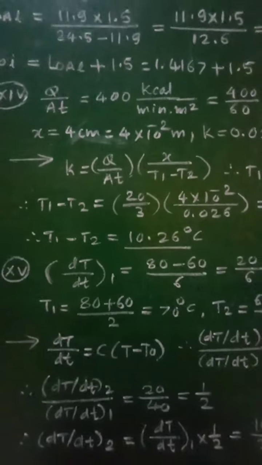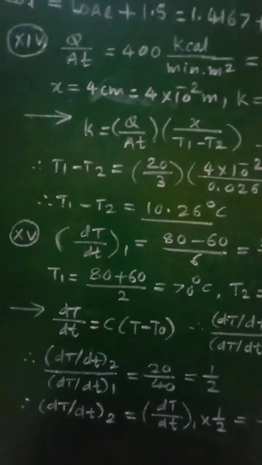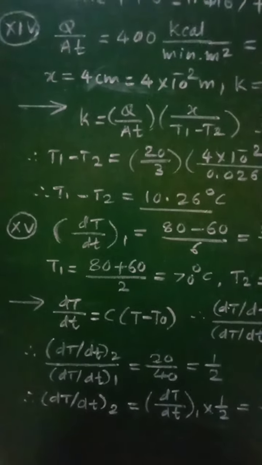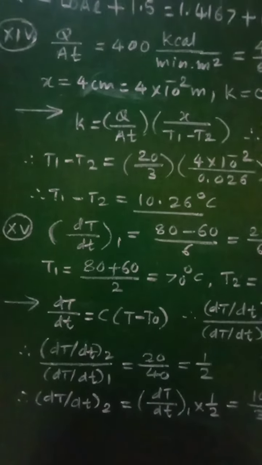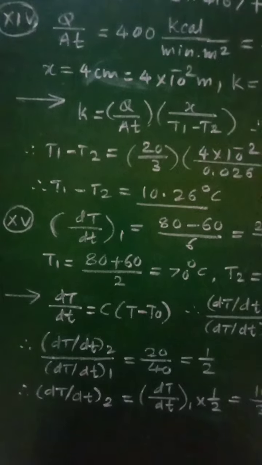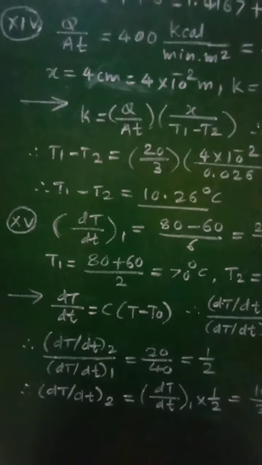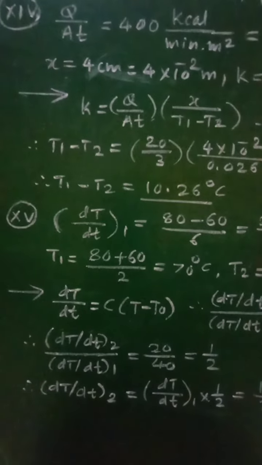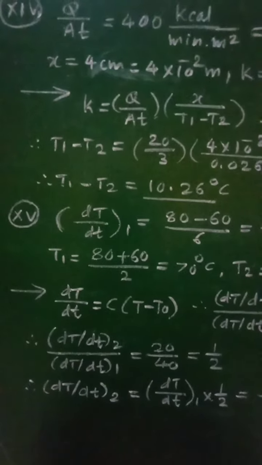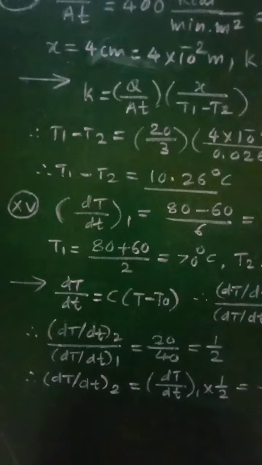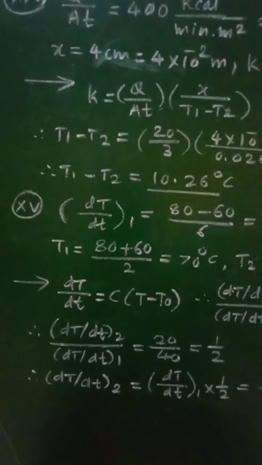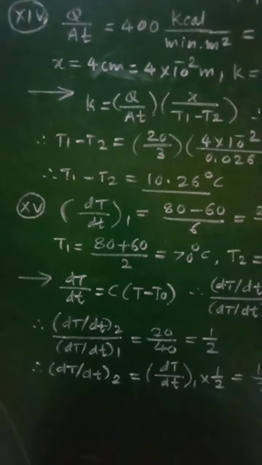Now let us go for the next numerical, numerical number 15, which is given as: a metal sphere cools from 80 degrees Celsius to 60 degrees Celsius in 6 minutes. How much time will it take to cool from 60 degrees Celsius to 40 degrees Celsius if the room temperature is 30 degrees Celsius?